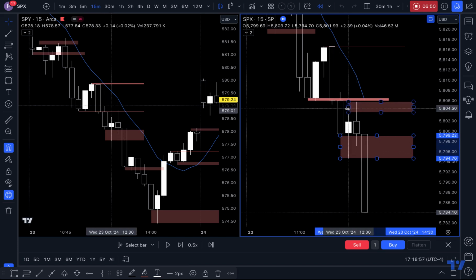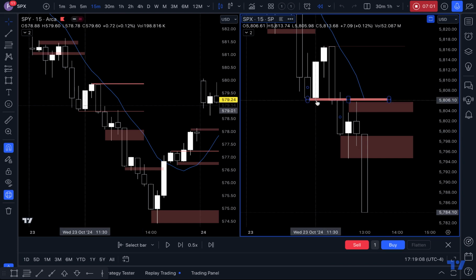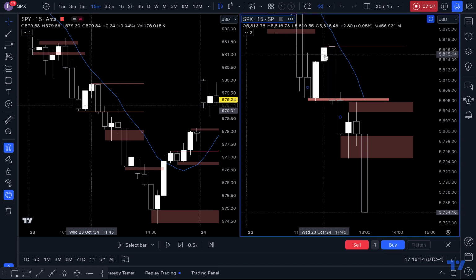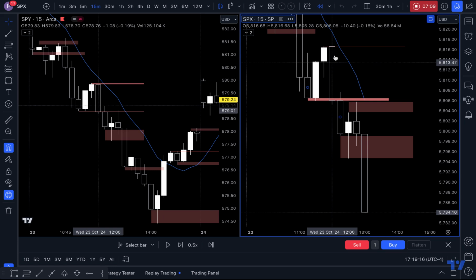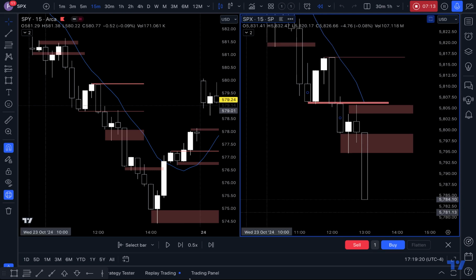This is the rejection area. This rejected this. This rejected this. So I have this. This rejected that. So I have that. This rejected this. See that? This rejected that. So I have this. This rejected that because green turned into a red candle. It's a rejection area. So yeah, let's keep going.